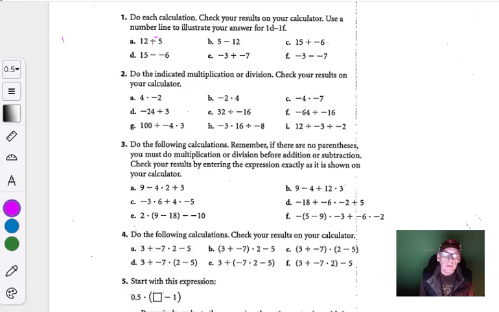The rule with different signed numbers is you keep the sign of the biggest, and you subtract. Now if the signs are the same, you keep the sign and you add.